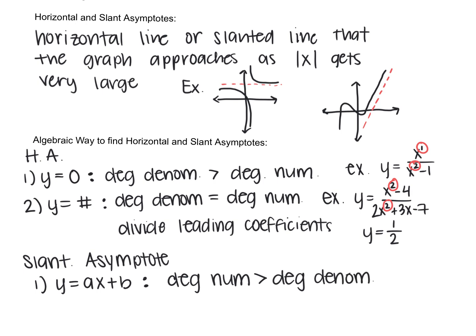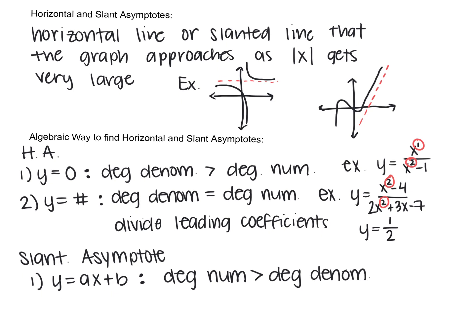So for example, if I have y equals x squared plus 7x plus 10 over x plus 4, just making it up. In this case, the degree of my denominator, which isn't written, is 1, and the degree of my numerator is 2, and 2 is obviously bigger than 1.